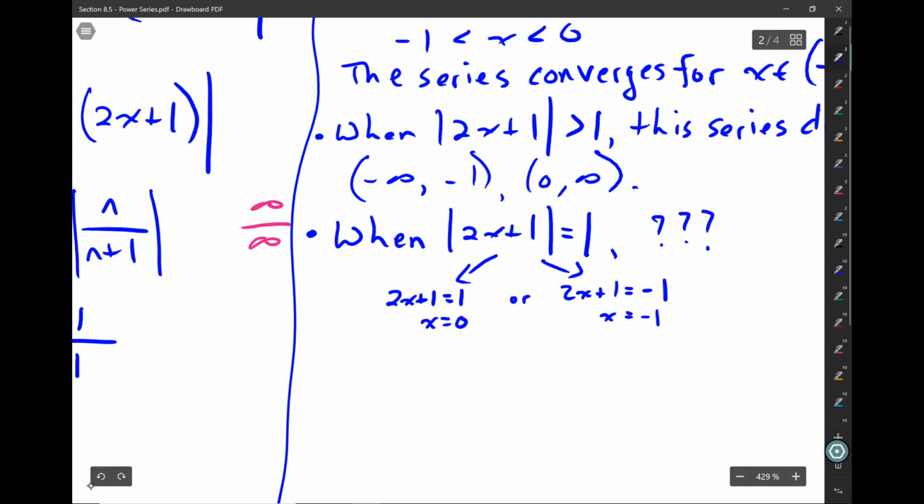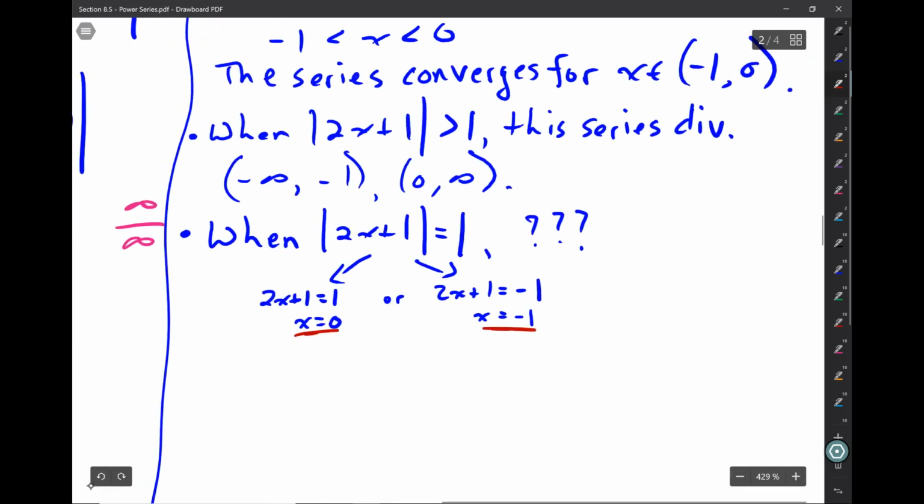But I want you to notice that these are the exact same x values that we got in all of our interval limits above. What all of this is supposed to lead us to is this one big fact that we must check the endpoints.